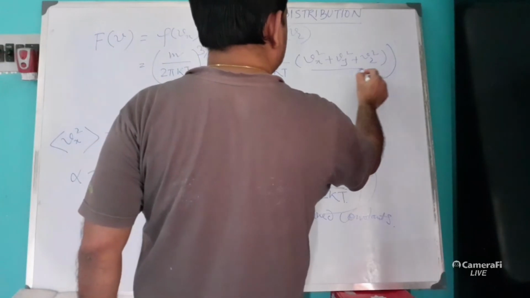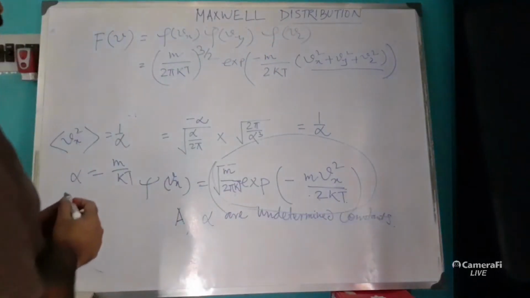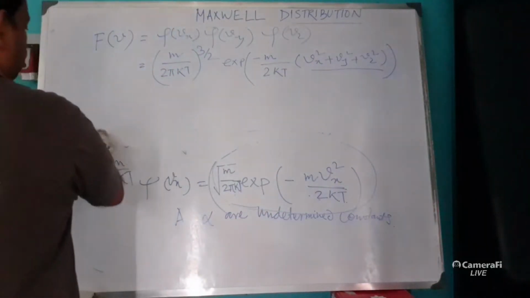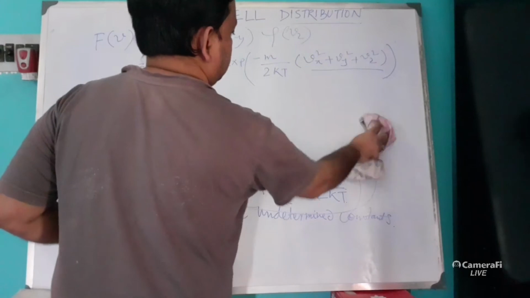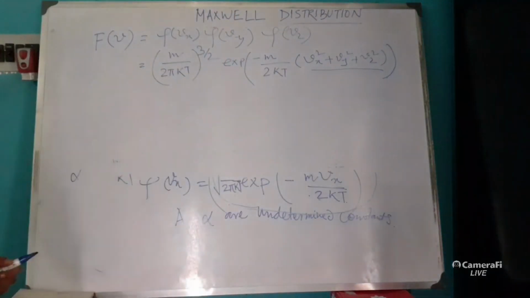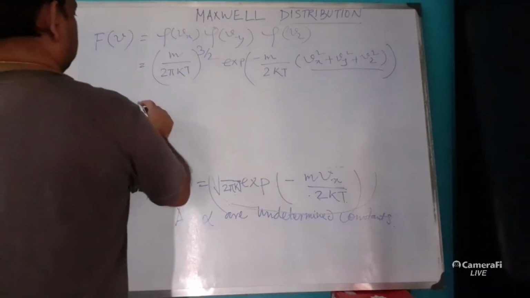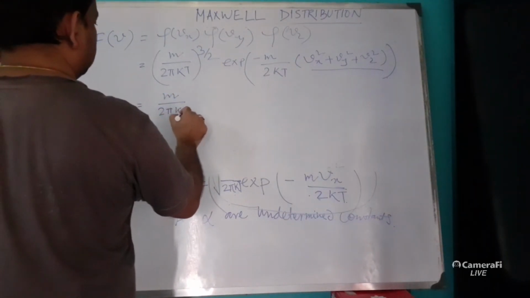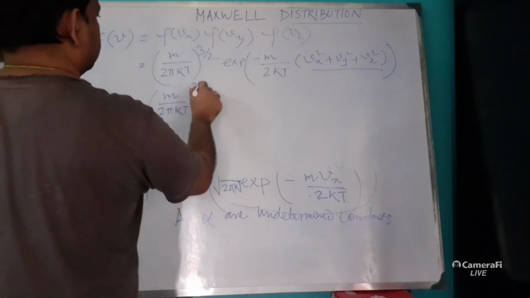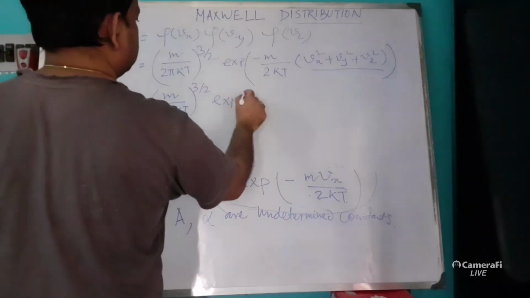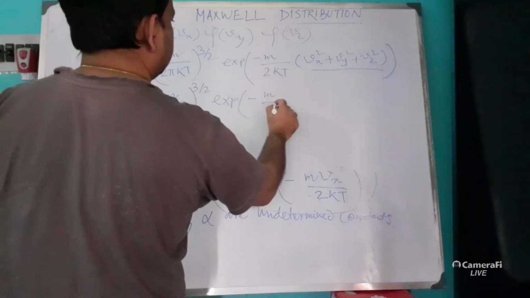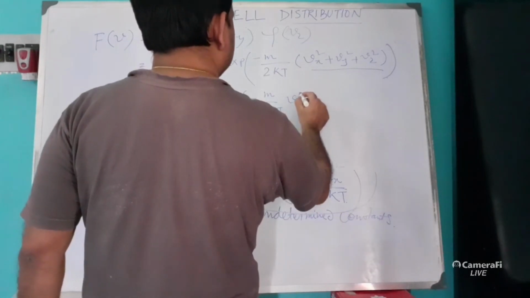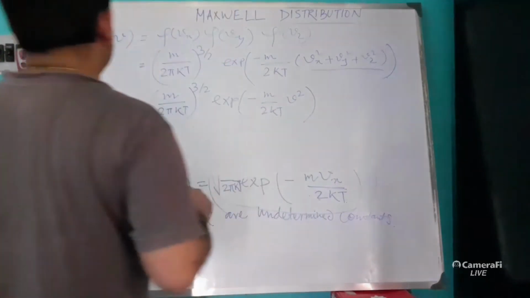What is this Vx² plus Vy² plus Vz²? It is again the component of the velocity in a single direction. So F(v) is (m by 2 pi kT) whole to the power 3 by 2 times exp(-m by 2kT v²), and this becomes v squared. So this is your F(v).